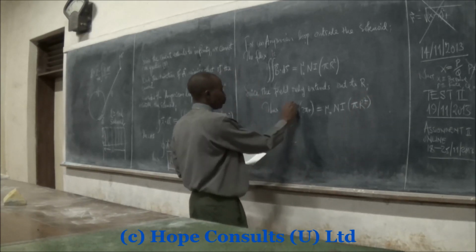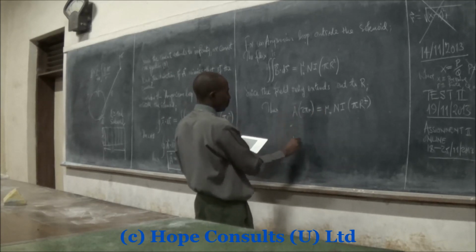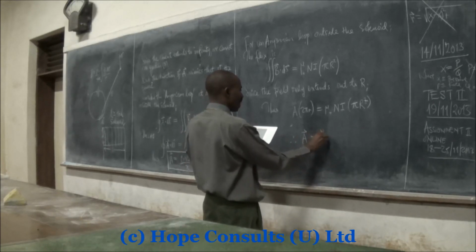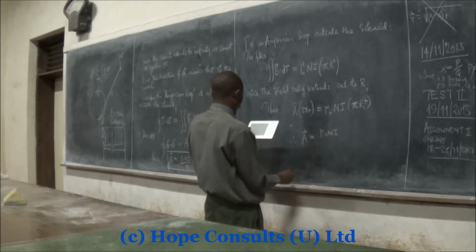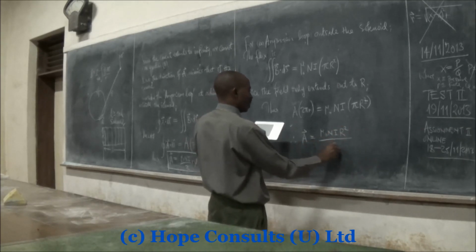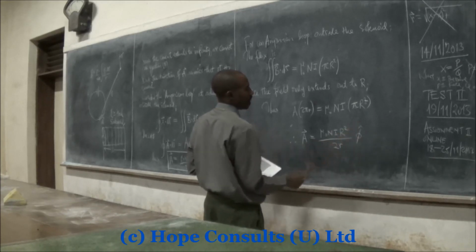Therefore, this would be mu naught nI R squared over 2r. This will be along the phi direction.